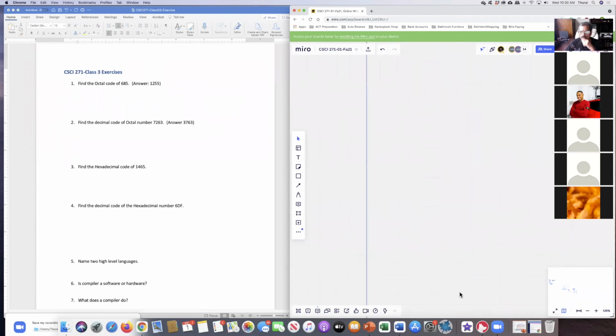All right, whoever made this huge frame, I'm going to erase it. You're going to have to recreate a frame. This is way too big.